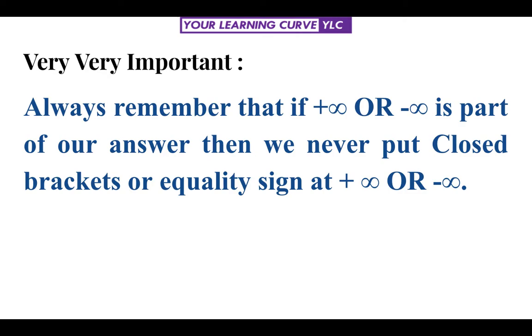So you cannot say that x is equal to plus infinity, because if you are saying that x is equal to plus infinity, then you must be able to define it. Please remember, don't put closed bracket or equality sign at plus infinity or minus infinity.